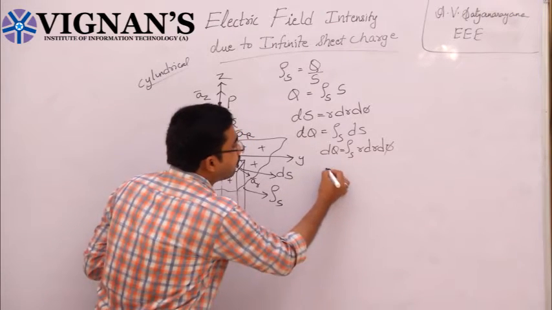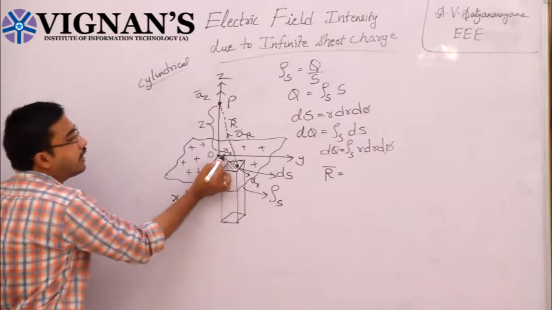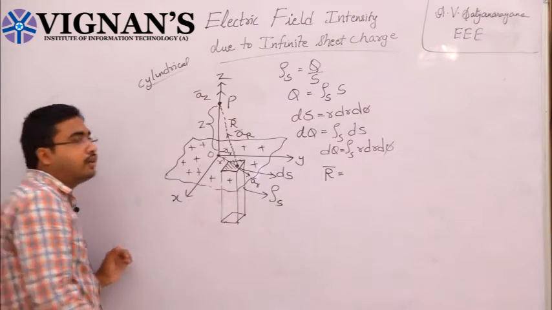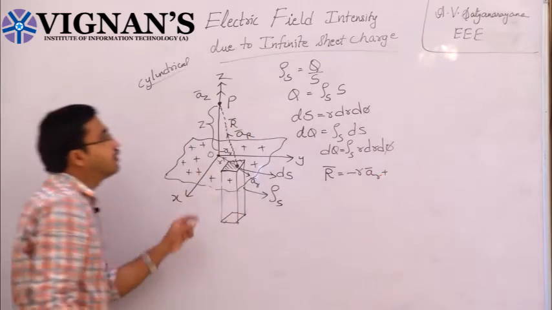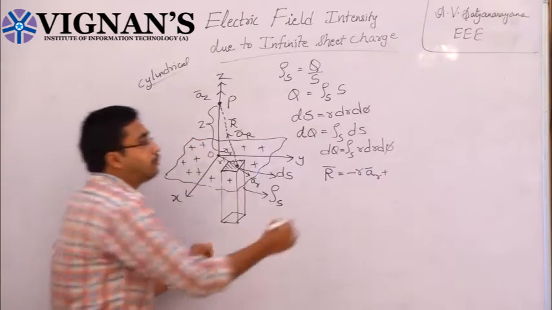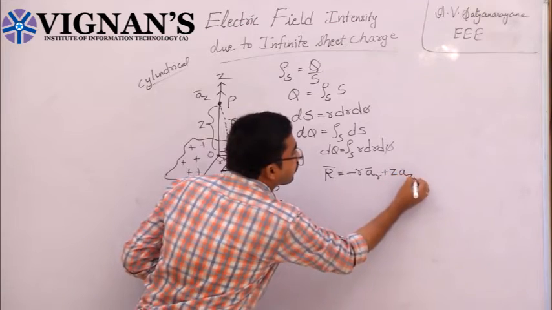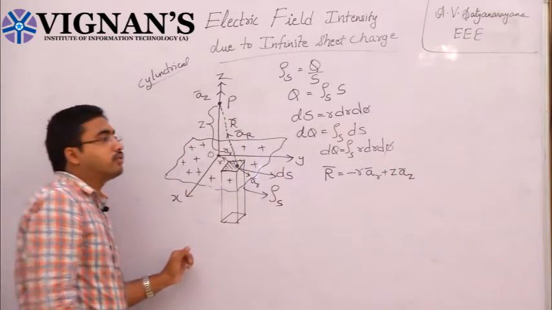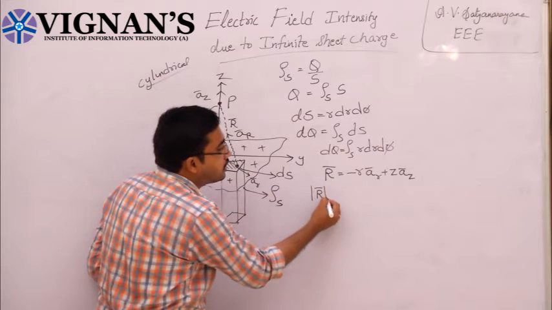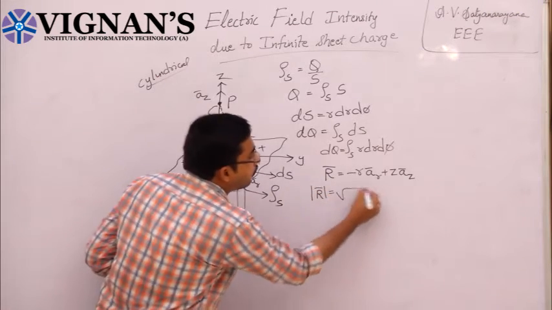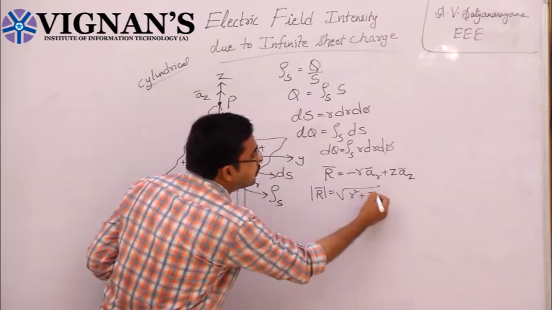Here we are considering minus ar bar, so r bar is minus r into ar bar plus z into az bar, according to the distance. So, this is the distance vector. Now, the magnitude of this distance vector will be root over r square plus z square.